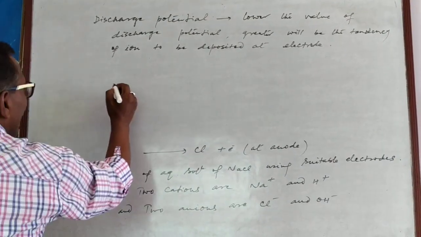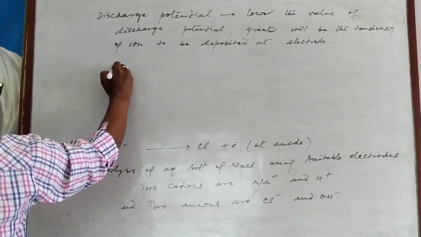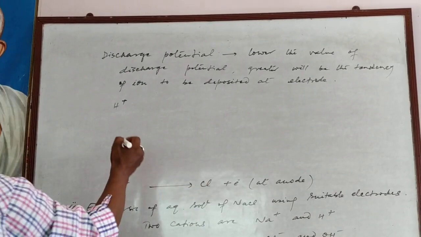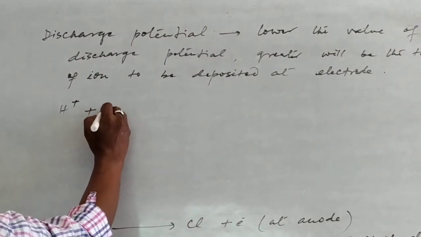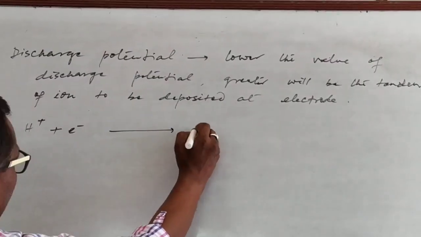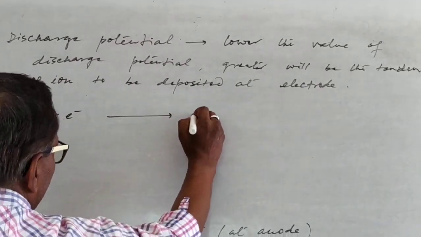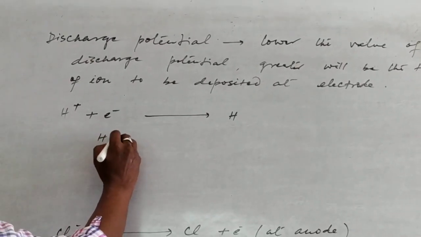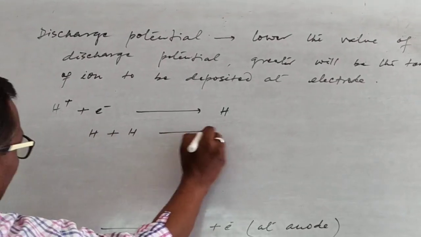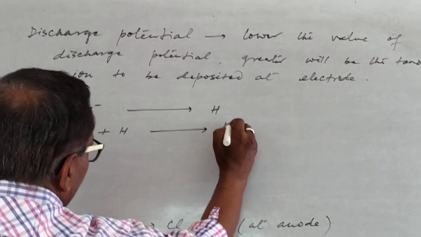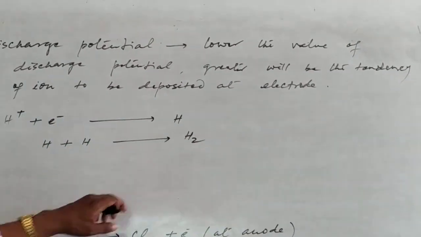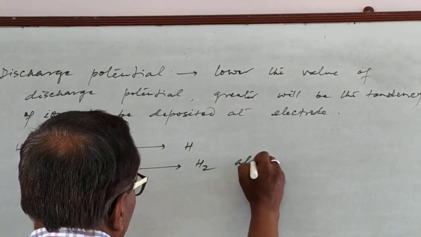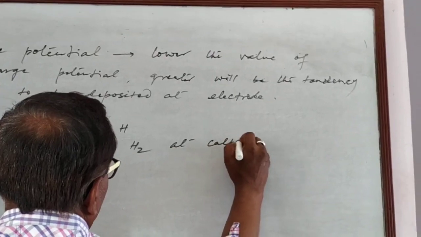So here H+, because of its lower discharge potential, is collected at cathode, and H combines with another H atom to form a stable hydrogen molecule at cathode.